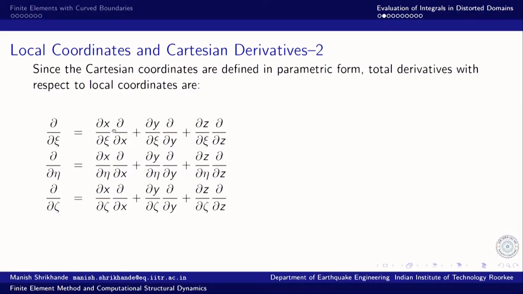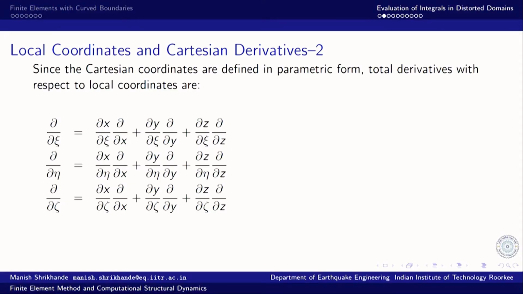So, del over del xi will depend on the rate of change of coordinate x with respect to xi, and then del over del x, plus the rate of change of coordinate y with respect to xi multiplied by del over del y, plus the rate of change of coordinate z with respect to xi multiplied by del over del z. So, that is a standard result from differential calculus.